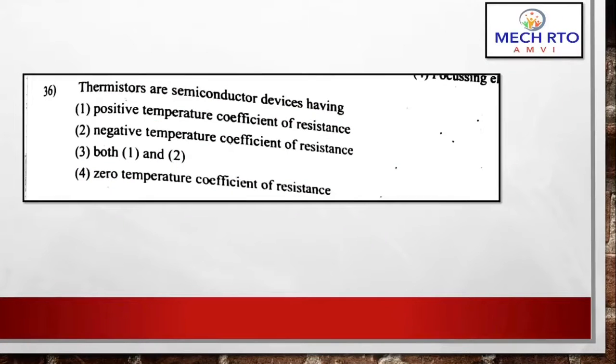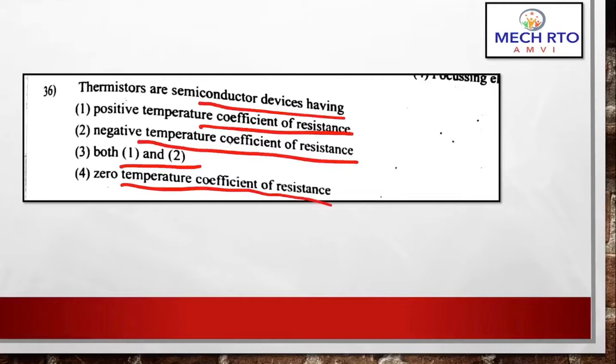Thermistors are semiconductor devices having: options are positive temperature coefficient of resistance, negative temperature coefficient of resistance, both 1 and 2, zero temperature coefficient of resistance. As you have learned, in some semiconductors, as we increase the temperature, the resistance of that semiconductor decreases, right? There is basically a decrease in the resistance.